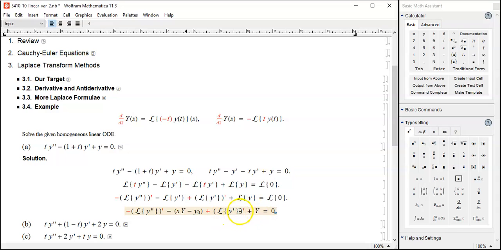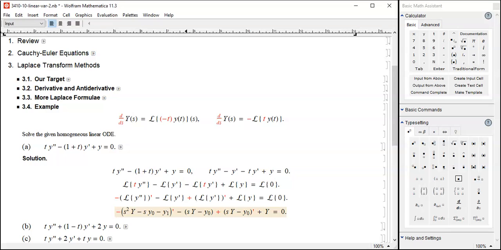And then of course we have the same thing here. sY minus y0, and we're going to take the derivative a bit later. How about this one, y double prime? So that's s squared Y minus s y0 minus y1. That's it, isn't it? And then I'm going to take the derivative a bit later.